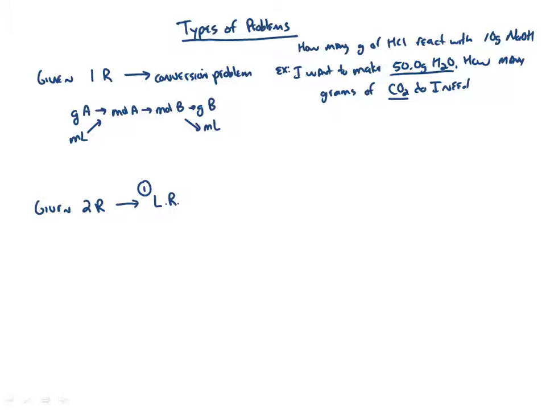That then includes all sorts of problems, like if you ask for how much of the excess reactant is left over, well, to figure out the excess reactant, you still have to calculate the limiting reactant, right? And if you're asked for theoretical yield, you still have to calculate the limiting reactant, right? Meaning, limiting reactant is the very first step for most of those problems.